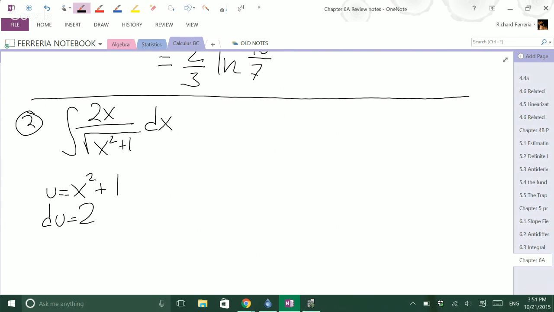So that's 2x dx. Imagine that. You don't have to solve for anything. You have a 2x and a dx already. You got 2x dx. Why didn't that go yellow? 2x dx, 2x dx. So we're all good with a du.